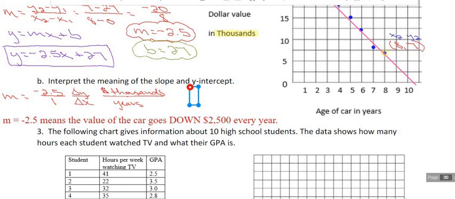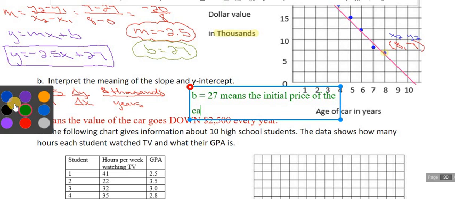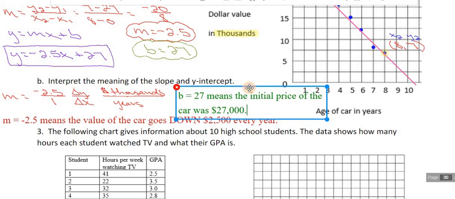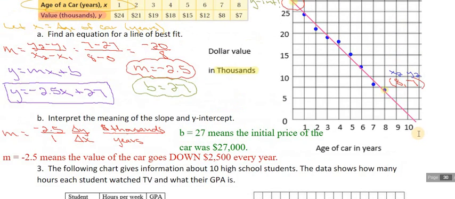So b of 27 means the initial price of the car was $27,000. Very, very important. Okay, and we will stop there for the moment.